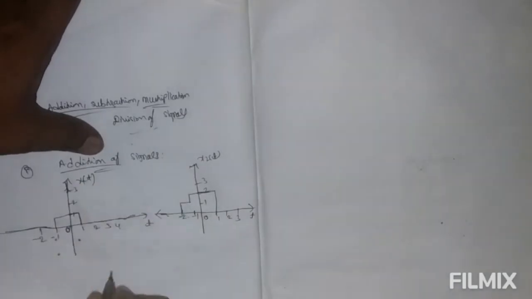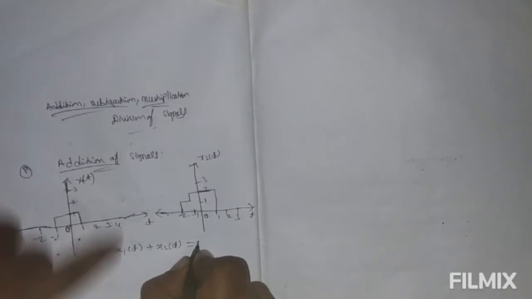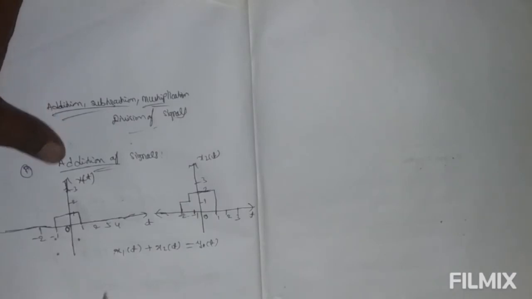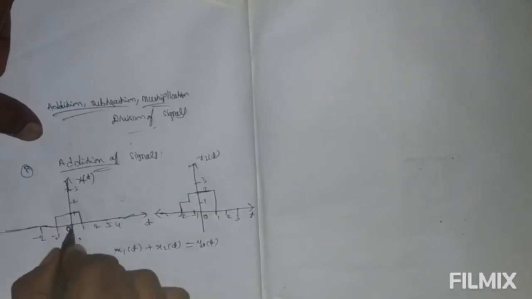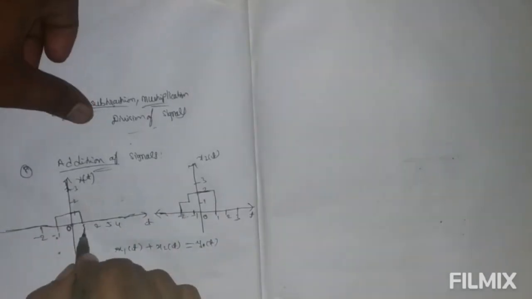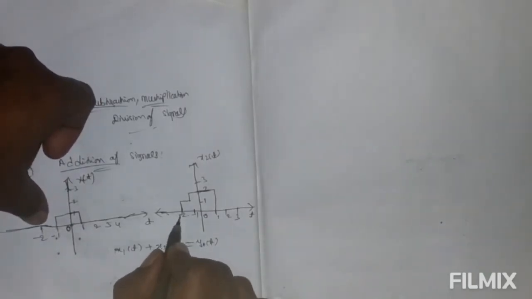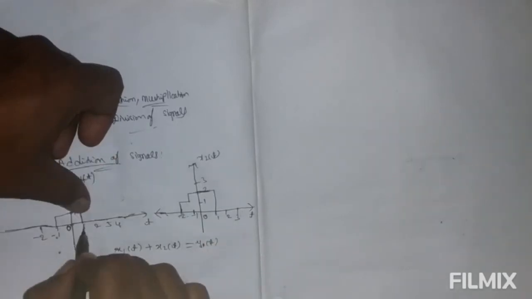Now find the addition of the two signals, x1 of t plus x2 of t. The resultant signal we take as y of t. In these diagrams, first we take the time axis: the maximum time on the left side is minus 2, and on the right side is 4.